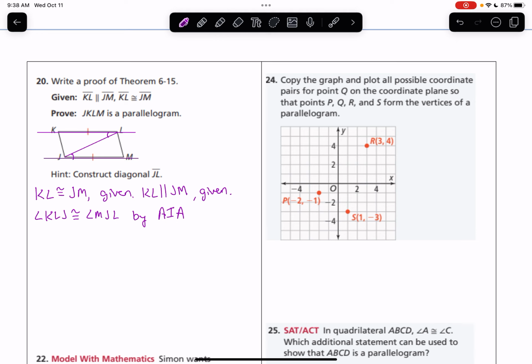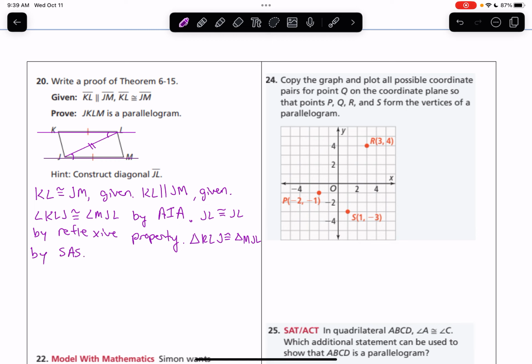Okay? And what else do I know? I know that by the reflexive property, JL is congruent to itself, which means that triangle KLJ is congruent to triangle MJL by side angle side.